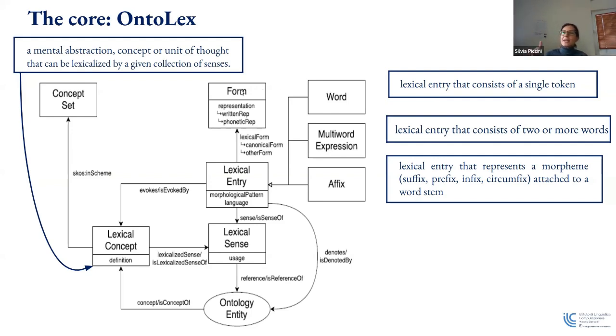And each lexical entry needs to have at most one canonical form and at least one form, okay? We have for each lexical entry one canonical form and other forms.